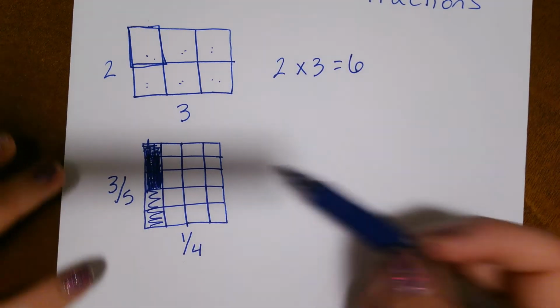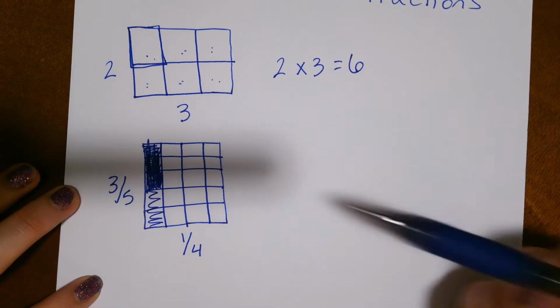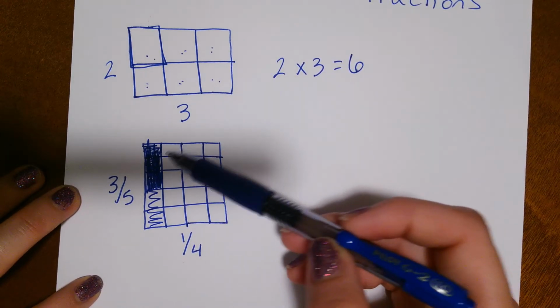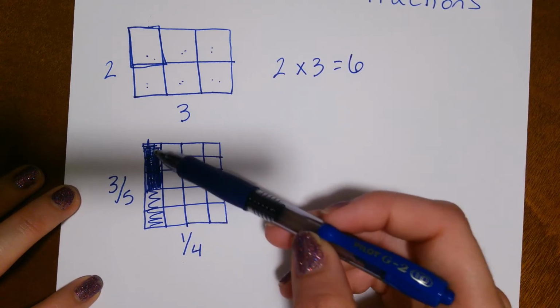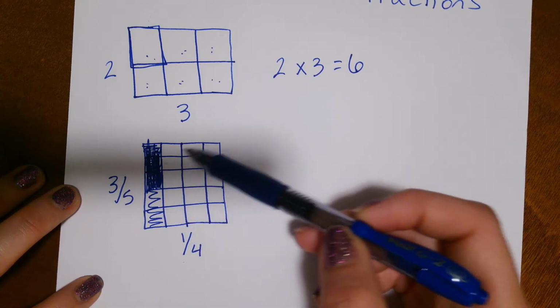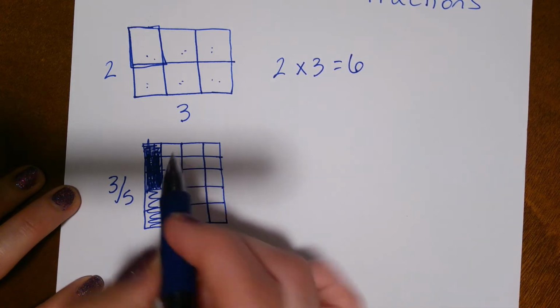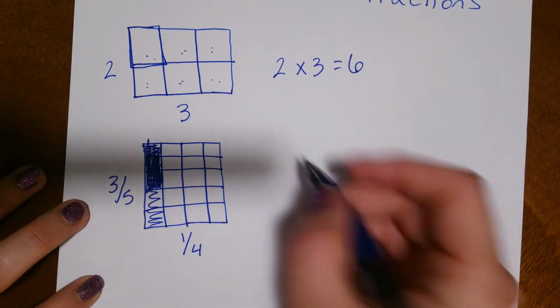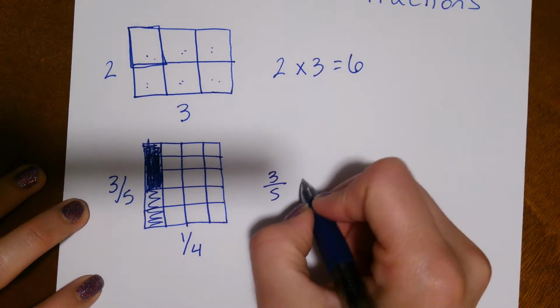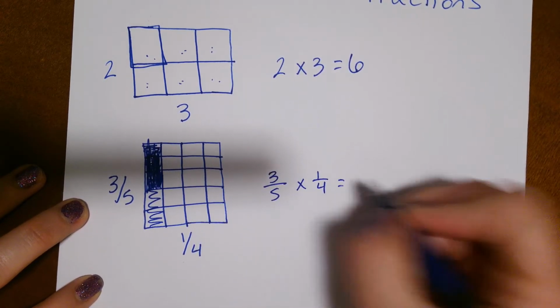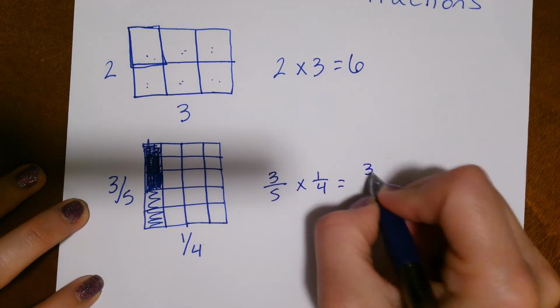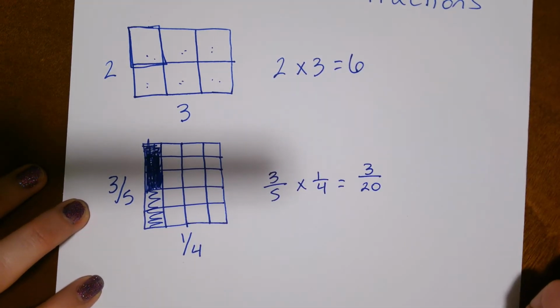So what is that? Well, how many little rectangles do I have? This way got cut into 4 pieces, this one into 5 pieces, so that would give me 20 of them, and the overlap is 3. So 3/5 times 1/4 gives me 3 out of the 20.